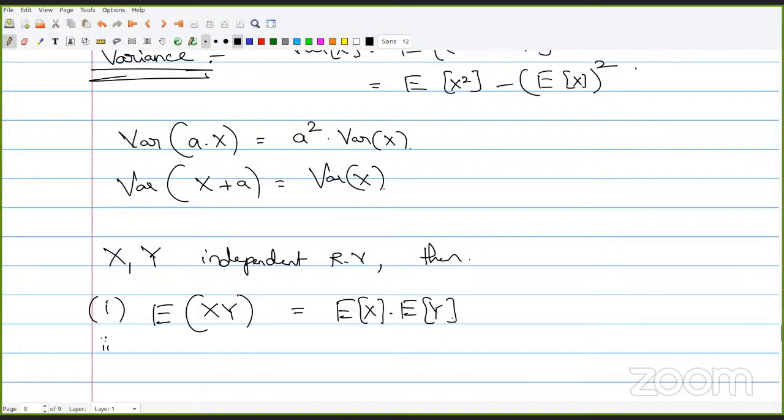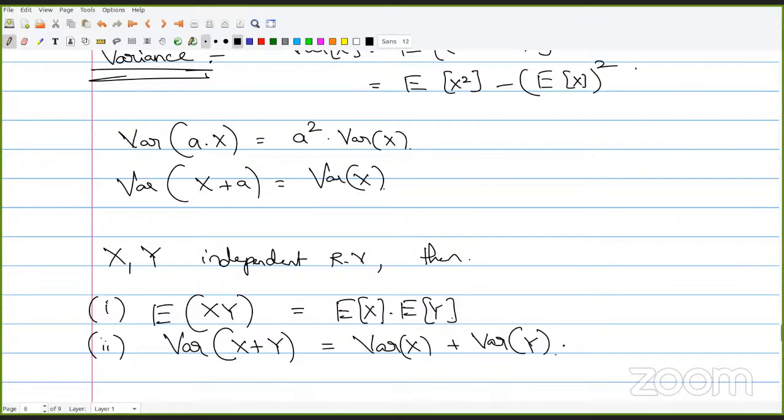And the second one is for variance of x plus y, you can write it as variance of x plus variance of y. If x and y are not independent, you cannot split it. Linearity doesn't hold in variance unless both are independent. These are some important things in variance.